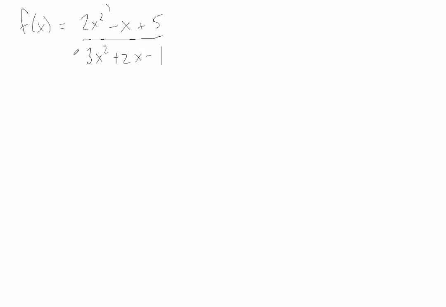Really what's happening is this ratio of these leading terms. So the degree is the same. So as x gets really, really big or really, really small, the value of the function is going towards 2/3, the ratio of the leading coefficients.